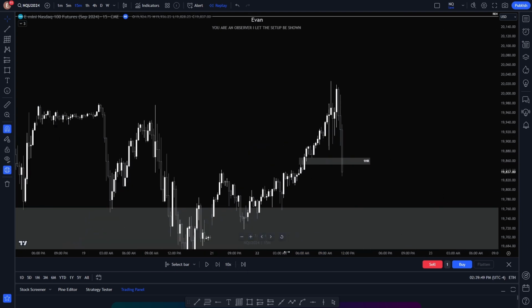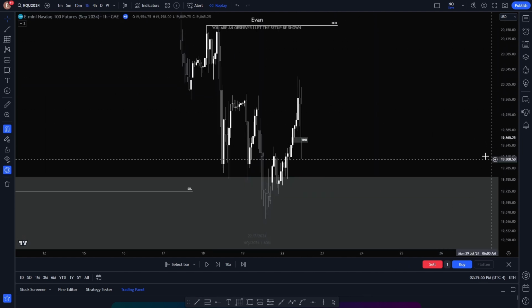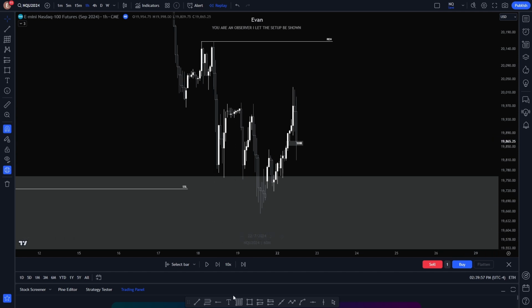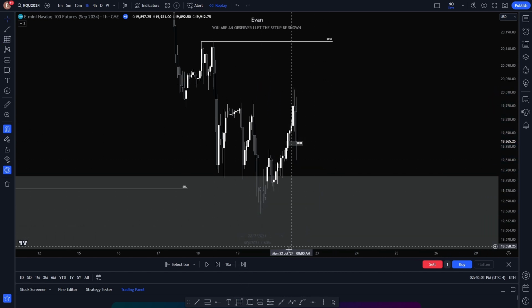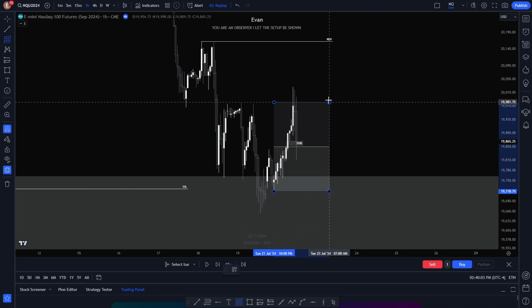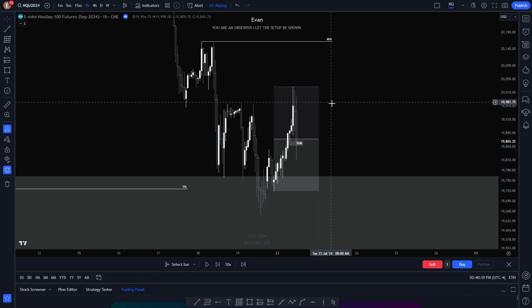Another thing I like to make sure of is that the fair value gap is in discount of the range, in this leg.